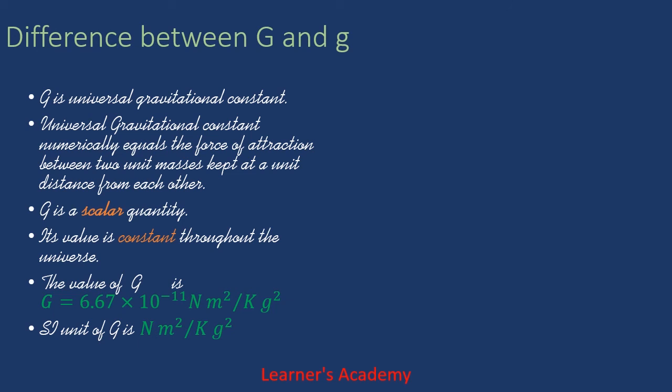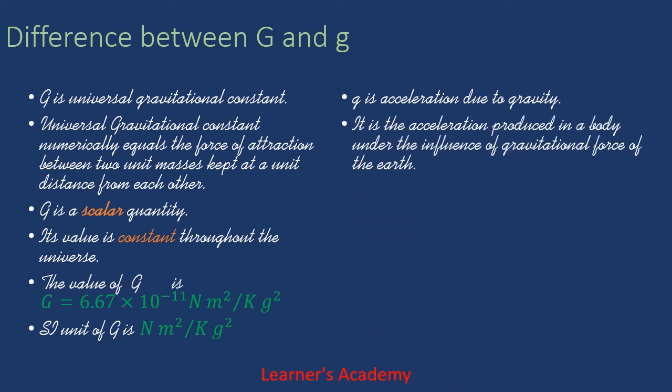Okay, now we have to give a contrast to this. So acceleration due to gravity is the small g, and what is it? It is the acceleration produced in a body under the influence of gravitational force of the Earth. All right, now this is a vector quantity. Acceleration due to gravity is a vector quantity. It has a direction as well as magnitude.